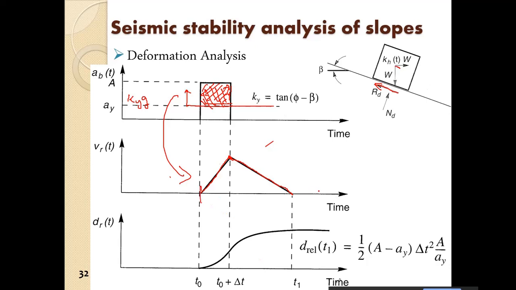So the block moves for this much of time, with the velocity increasing and decreasing. If we find out the area of this, we will get the displacement. Here is the maximum velocity, therefore the rate of displacement is the maximum, the slope is maximum, then the slope decreases and ultimately it stops.